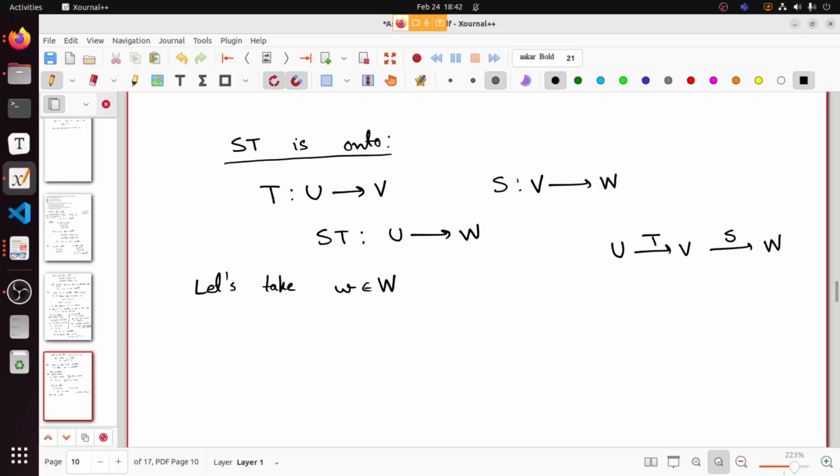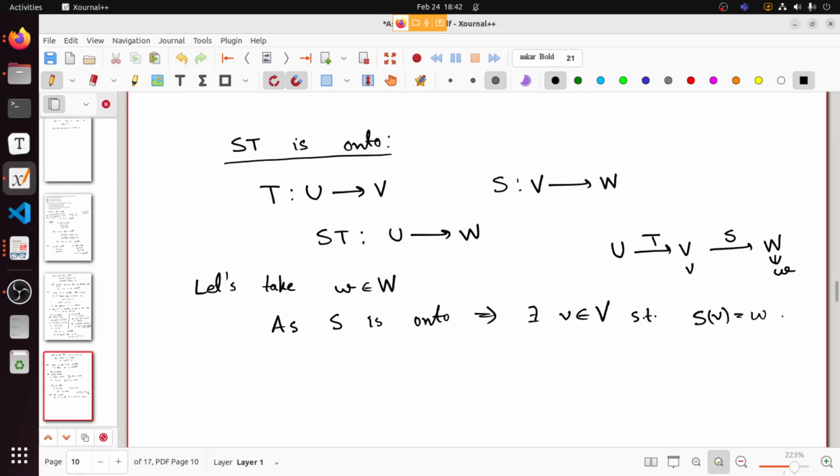So you have taken an element from here, and as S is onto, there exists a V in capital V such that S of V is w. So you get an element V in here.